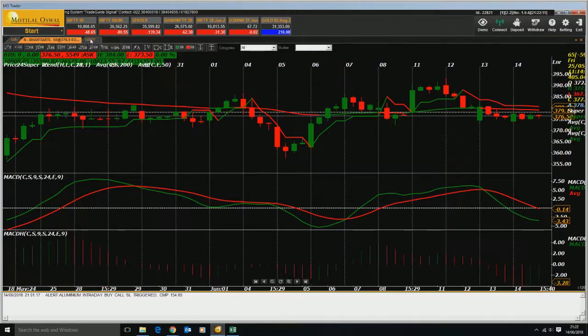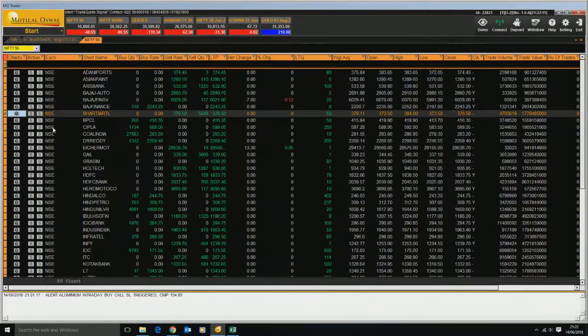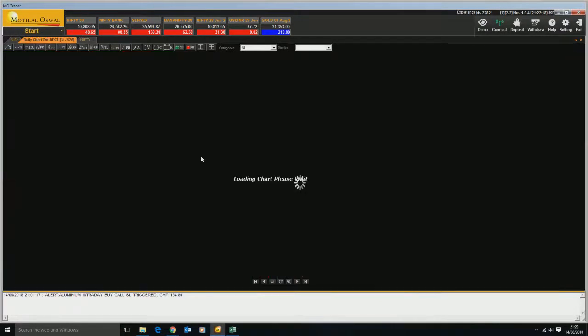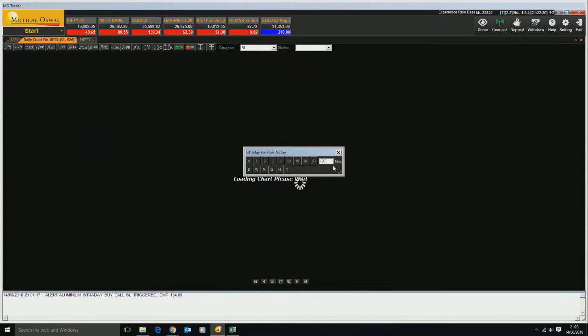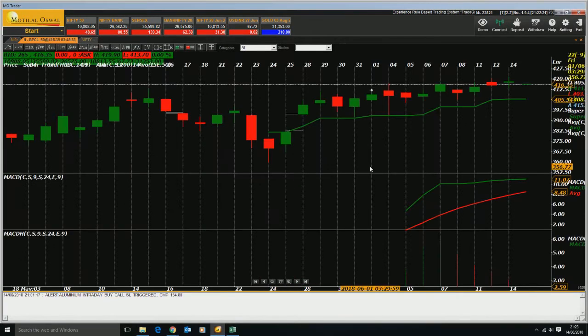Now let's go and see BPCL. BPCL on daily charts, or 375 minutes, it's a buy. If I see from here, it is having a very slow uptrend, but there is an uptrend, and more or less it is forming higher highs, higher lows.